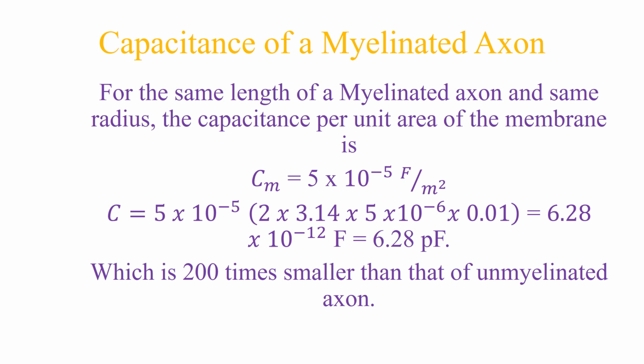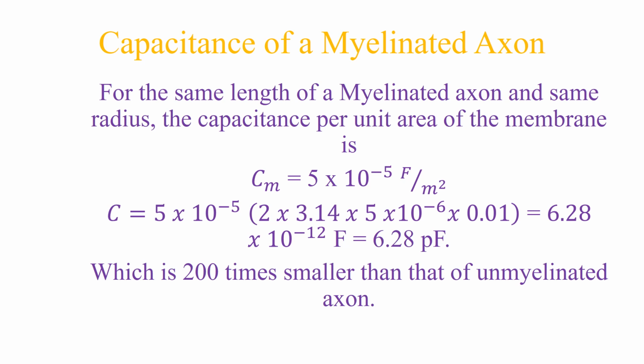Let us now see what would be the value of the capacitance of a myelinated axon for the same length, 1 centimeter, and the same radius, 5 microns. The capacitance per unit area of the membrane in this case is given to you. Cm equals 5 times 10 to minus 5 farad per meter squared.